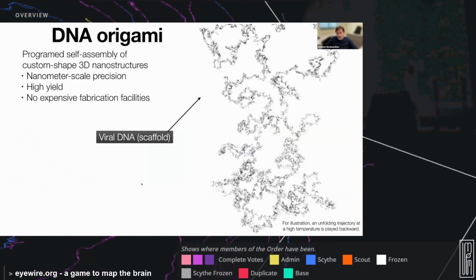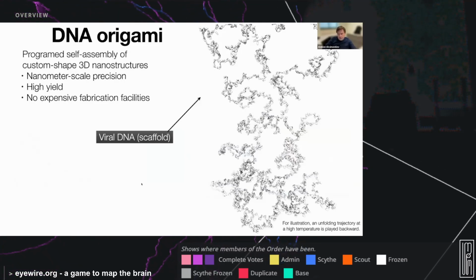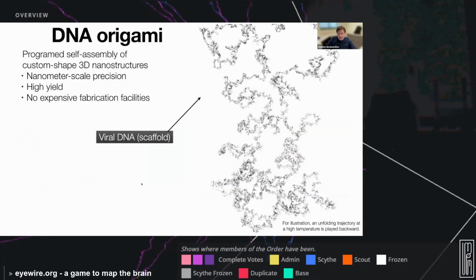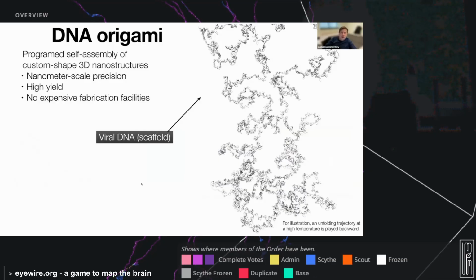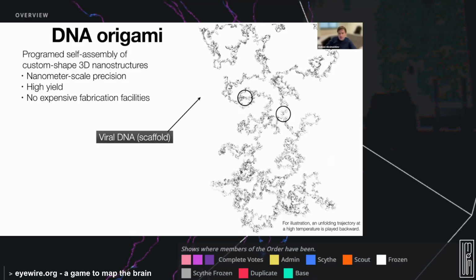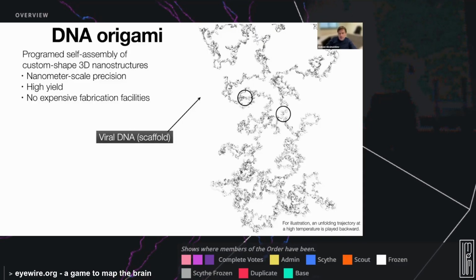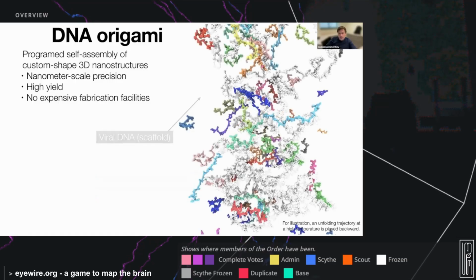So DNA origami is the method invented by Paul Rothemund in 2006. The idea is that we can build anything out of DNA by folding a long strand of DNA into a predefined shape using an ensemble of staple strands. So here you're looking at two pieces of a viral genome that will be brought together by a staple strand that will hybridize.